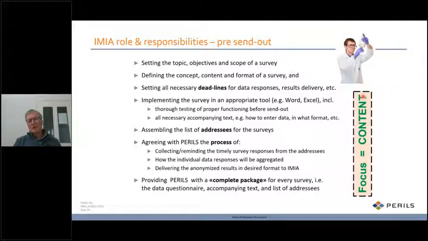You see how carefully the scientist in the upper right corner looks into the future, what we might get out of this battle. So the major role of IMIA as the owner of the service is to define the content.